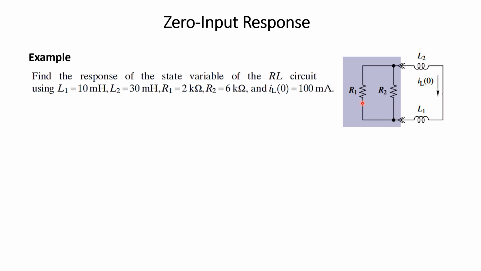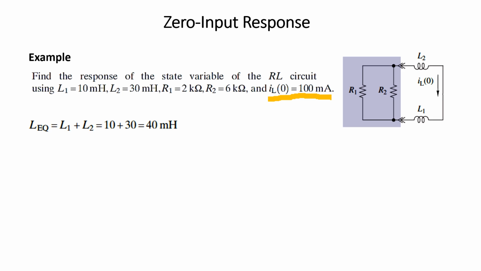It means that basically we require the knowledge of inductor current, and inductor current is a state variable. Values of all components are given, and the initial value is also mentioned. This is IL at t equal to 0, which is 100 milliampere, and it is also represented as I naught.